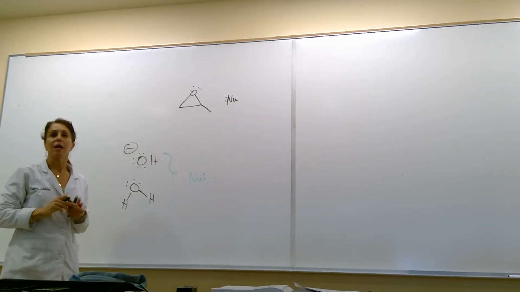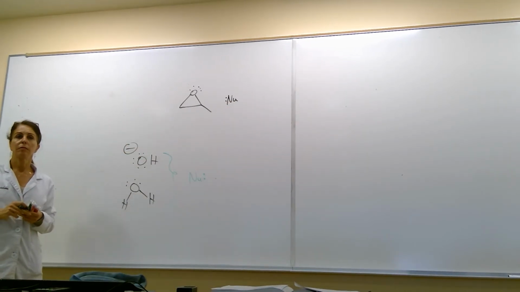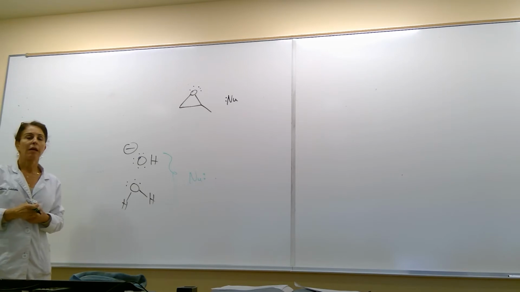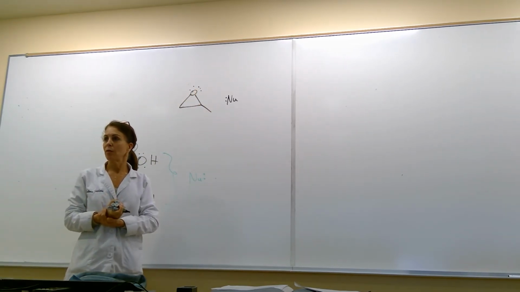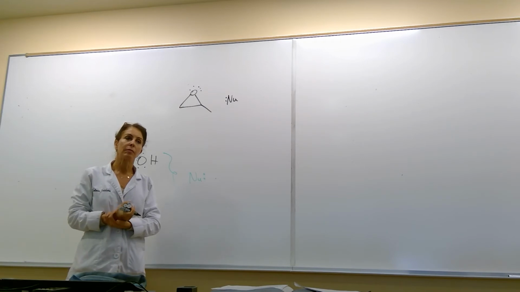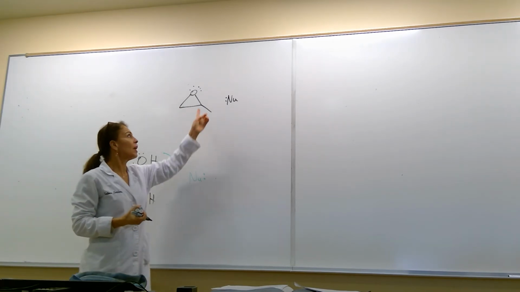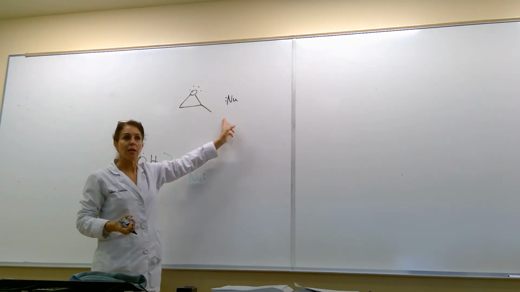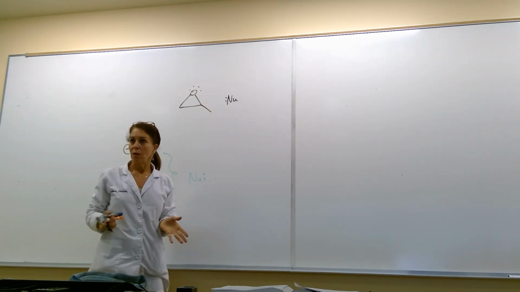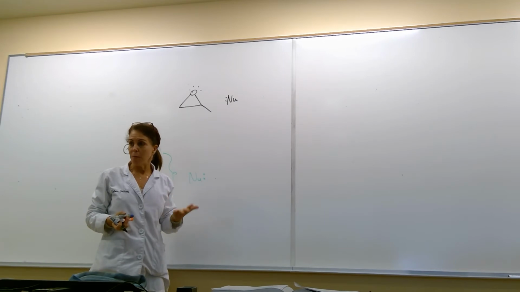what's the first step? Can the nucleophile attach to the oxygen? Why not? What's on the outside here? Electrons, and what's outside here? So what do they do? So a nucleophile or a base are never going to attach to the oxygen.